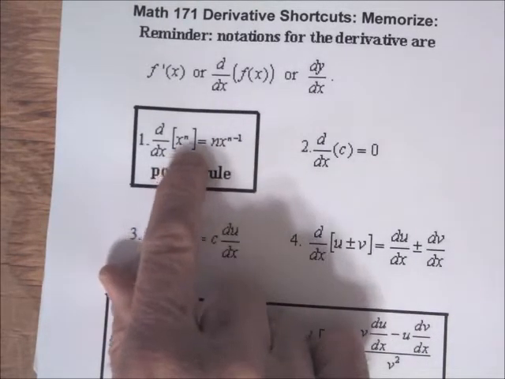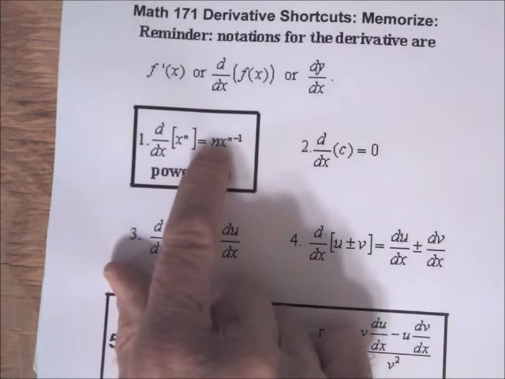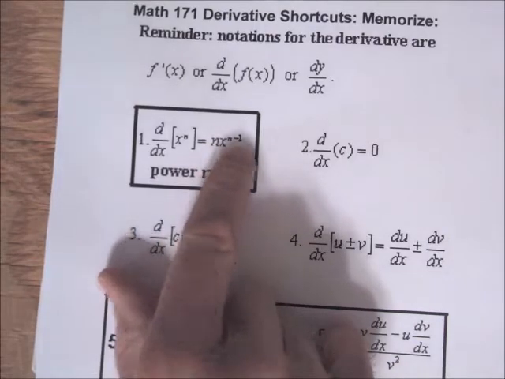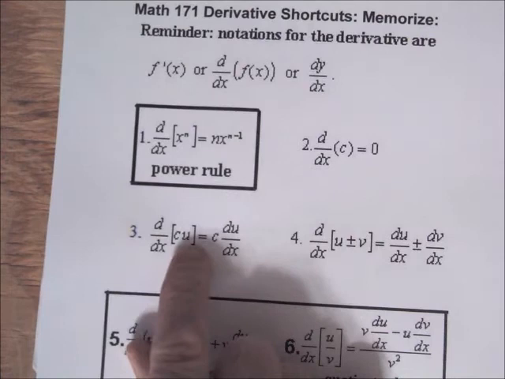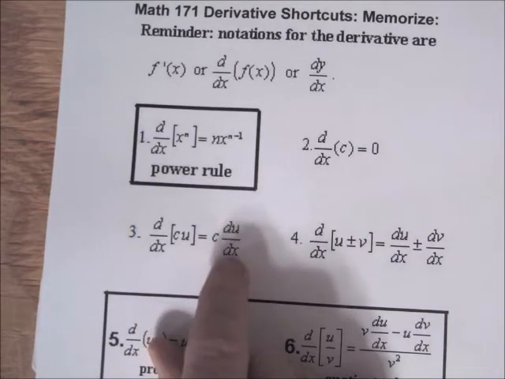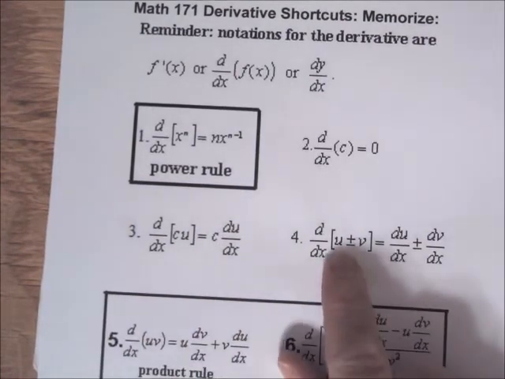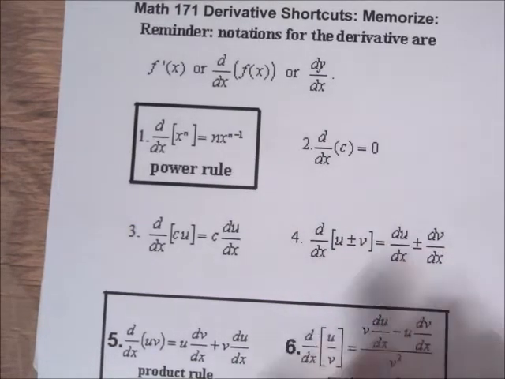So the derivative of x to the n power: the shortcut rule for that is n times x to the n minus 1. Derivative of a constant is 0. Derivative of a constant times u is the constant times the derivative of u. Derivative of a sum or a difference is the sum or difference of the derivatives.